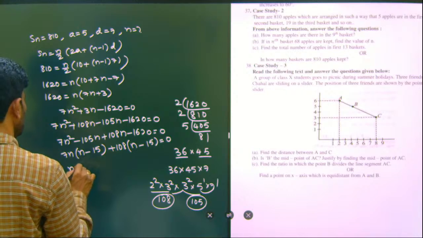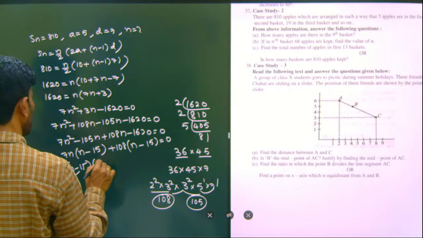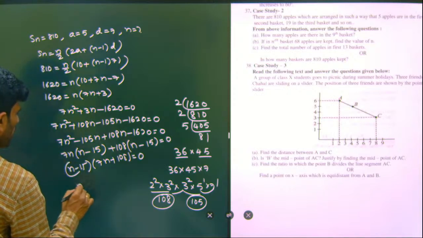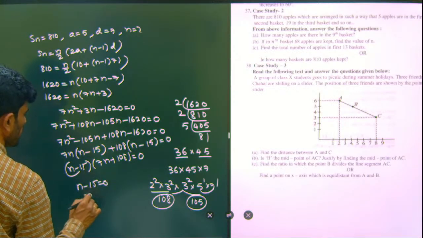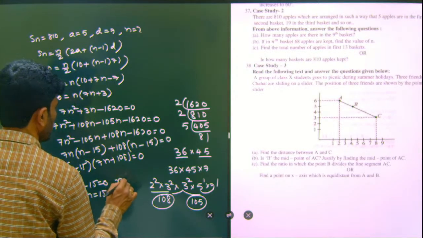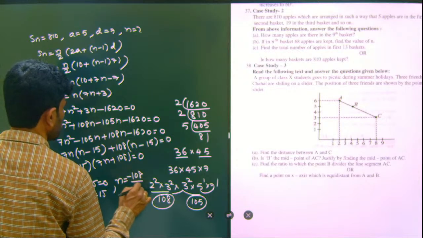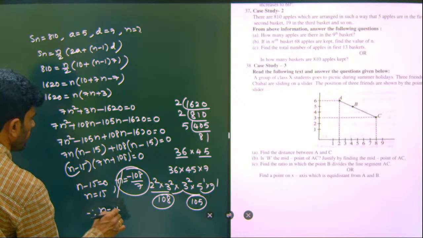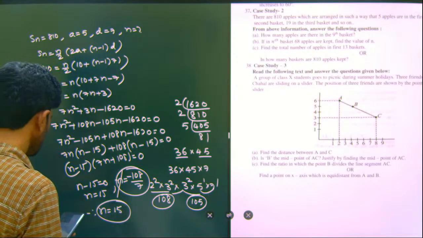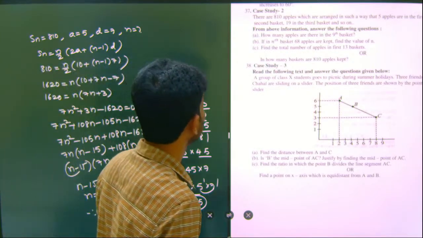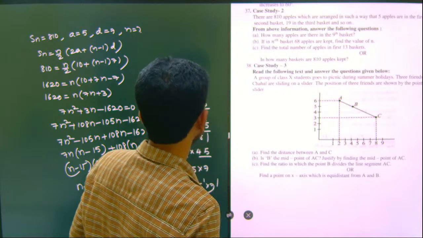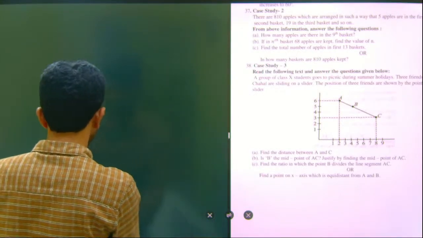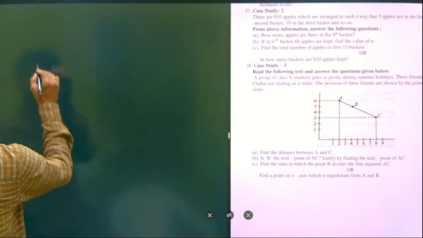Then n minus 15 into 7n plus 108 is equal to 0. Then n minus 15 is equal to 0, therefore n is equal to 15. Another one, n is equal to minus 108 by 7, which will not give you the correct answer. So therefore n is equal to 15. 15 baskets. Total in 15 baskets we will get 1810 apples.